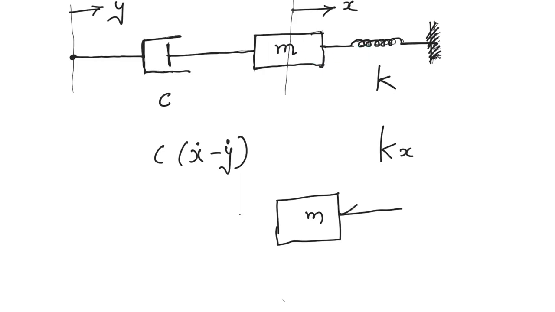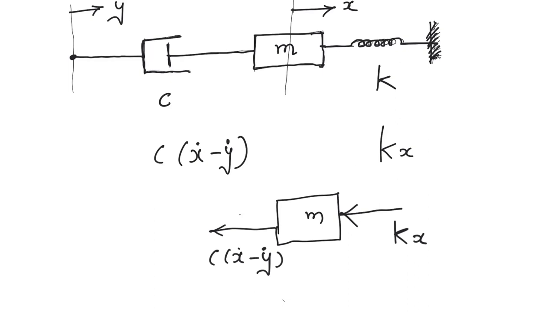So I will have a force kx acting in this direction, and by similar logic, if this mass is trying to accelerate in this direction, this damper is going to resist that, and it will resist the motion with a force of c into x dot minus y dot. So I have accounted for all the forces acting on this particular mass little m.